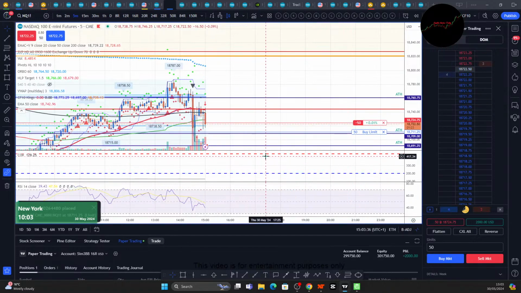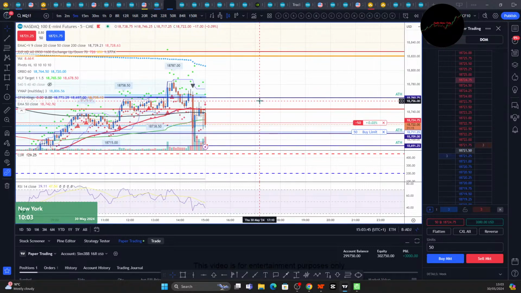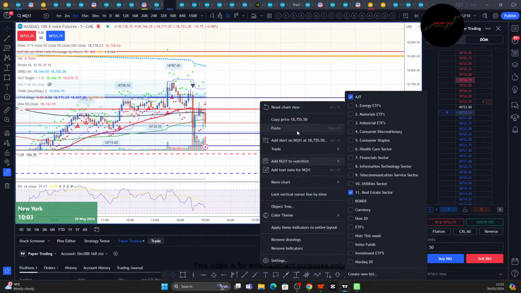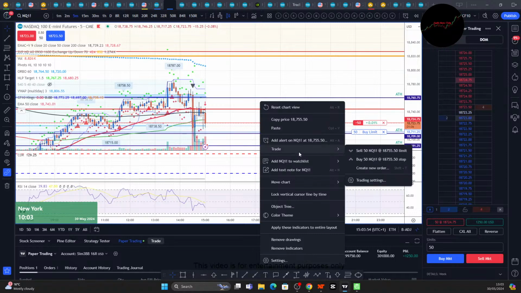Let's see if we can pick up 11. Let's place a provisional stop up here as well. There's a provisional stop. So it'll be trade, stop.